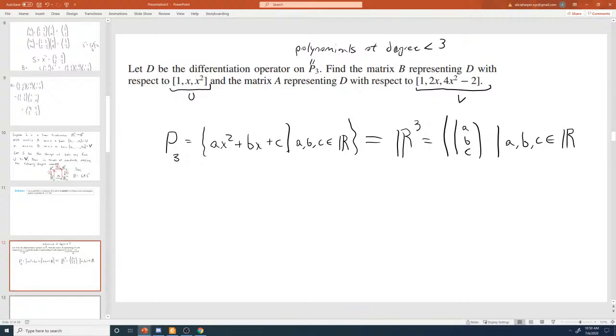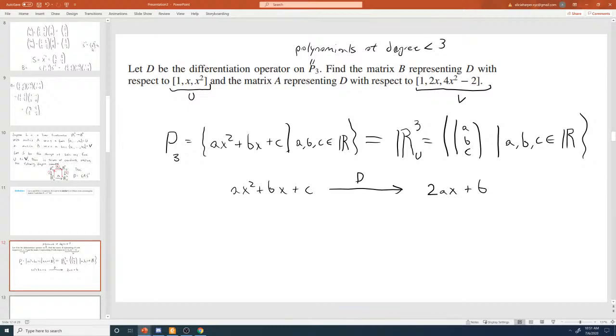So if I'm using this basis for P3, what I'm really doing is thinking in terms of these coordinate vectors. So if I take a polynomial like this, ax squared plus bx plus c, and I apply the differentiation operator, well, this will give me 2ax plus b, and the constant term goes to 0.